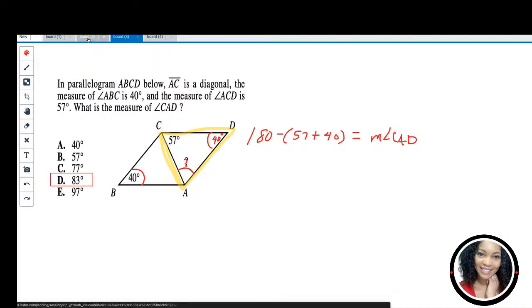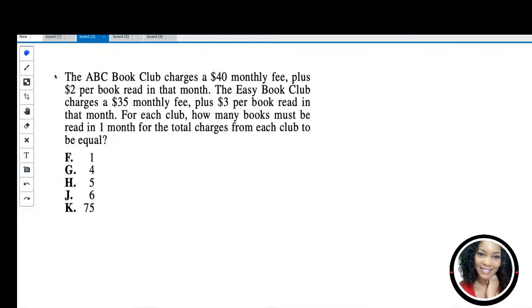All right, question 3. The ABC Book Club charges a $40 monthly fee plus $2 per book read in that month. The Easy Book Club charges a $35 monthly fee plus $3 per book read that month. For each club, how many books must be read in 1 month for the total charges for each club to be equal?